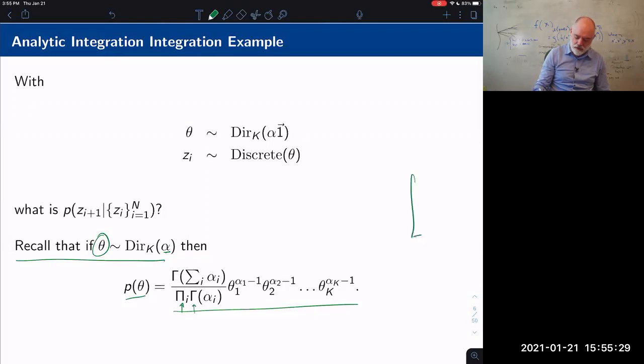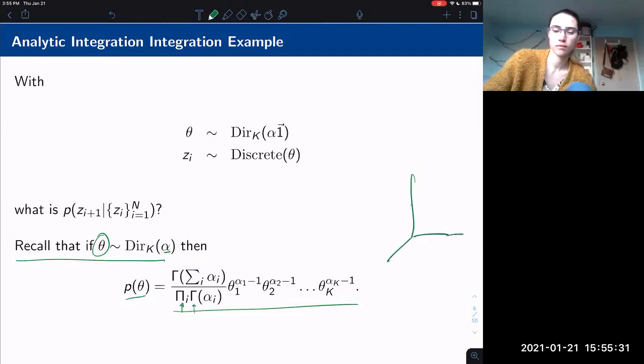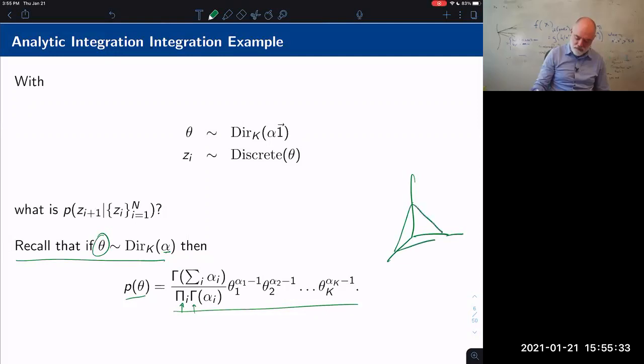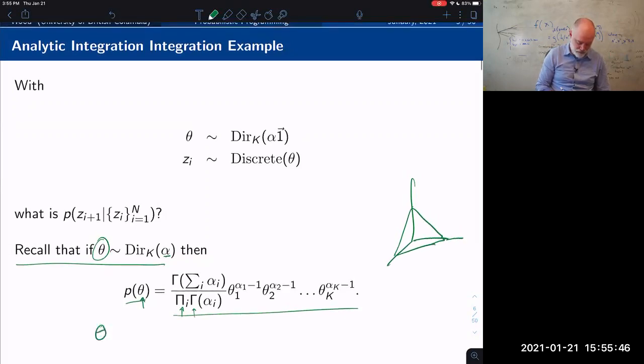And I guess I should put this in here. The Dirichlet distribution is a really awesome distribution. Theta is a member of the k-1 dimensional simplex.